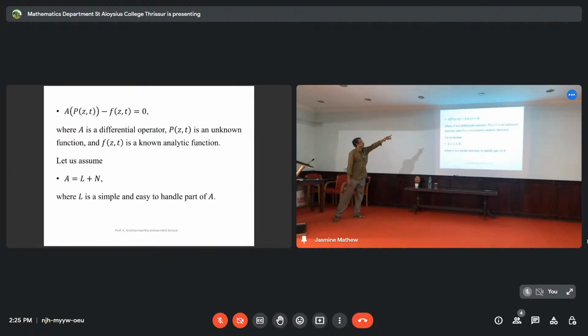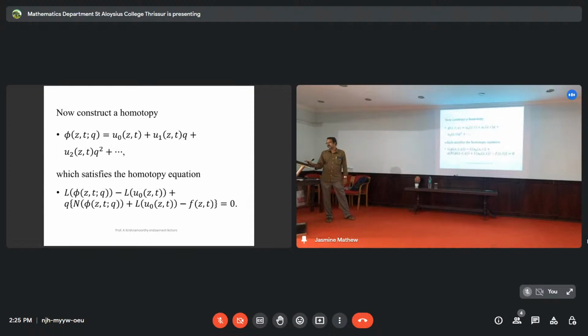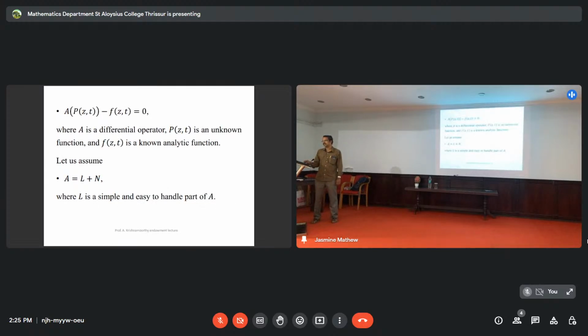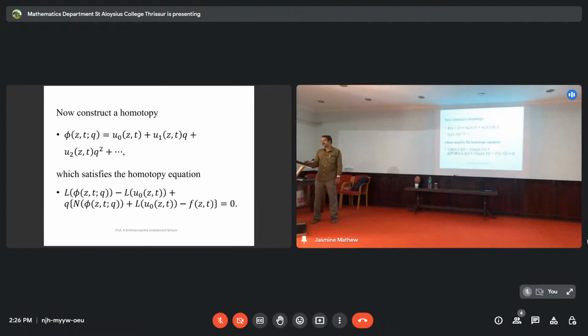This one perturbed a little bit using the variable q, and therefore phi(t,1) is a solution of the differential equation, the top one, A(p(t)) minus f(t) equal to 0. So this is the idea of the method.